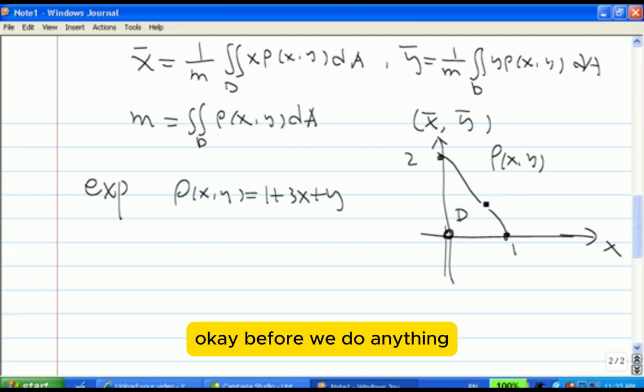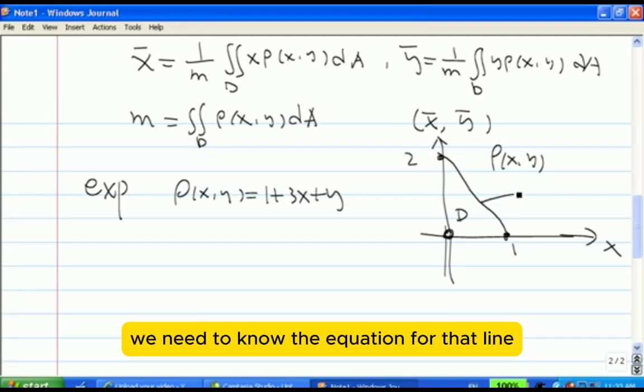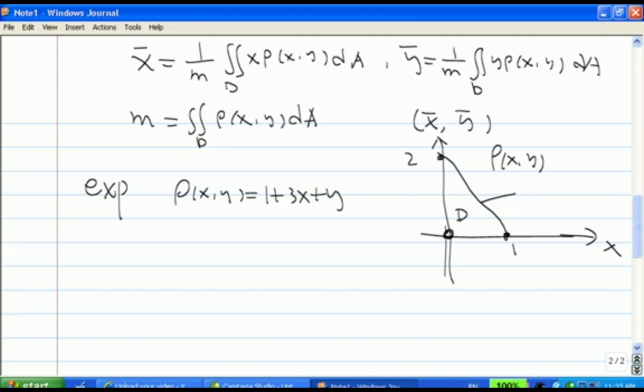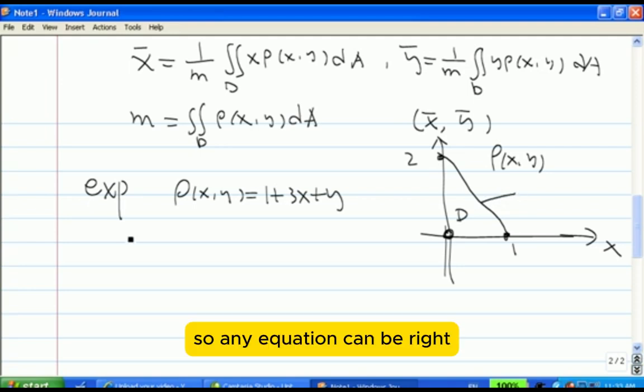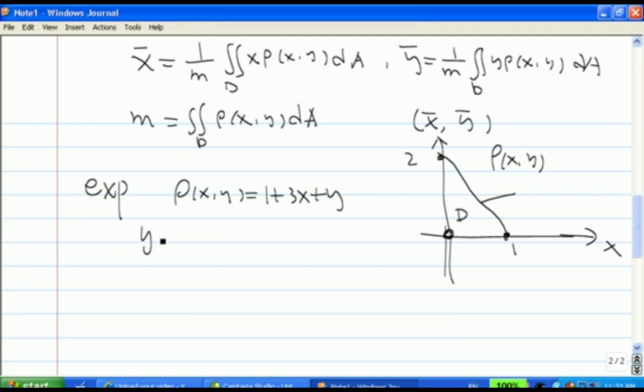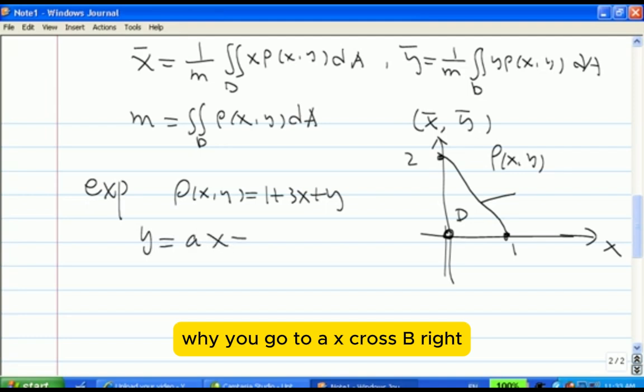Before we do anything, we need to know the equation for that line. Any such line can be written y equal to ax plus b.